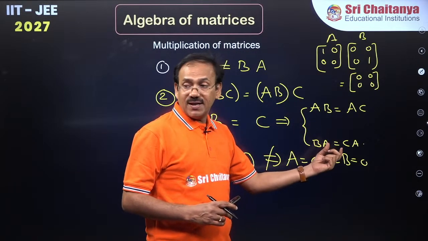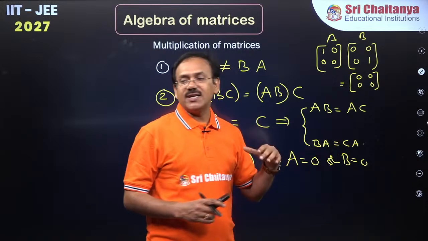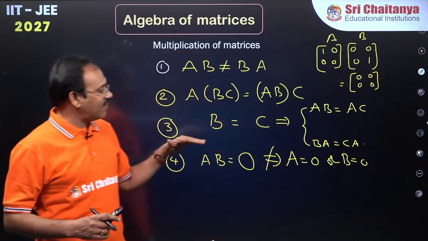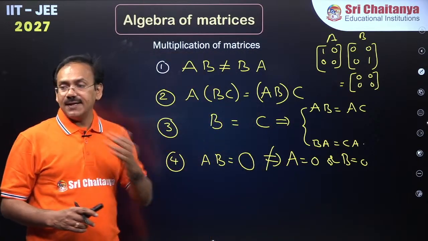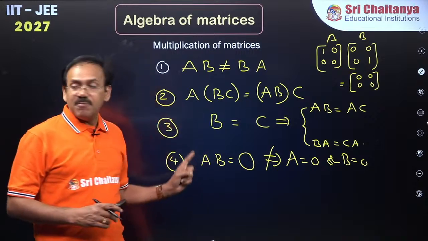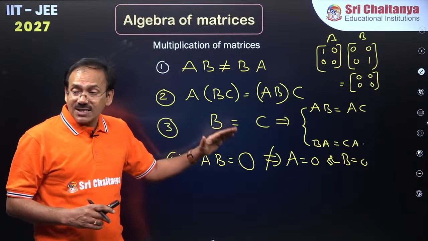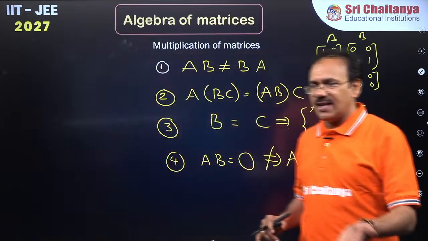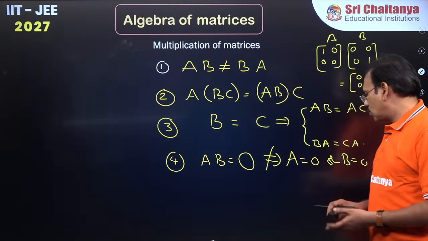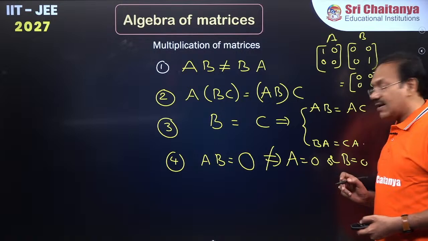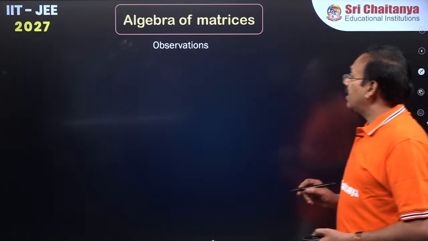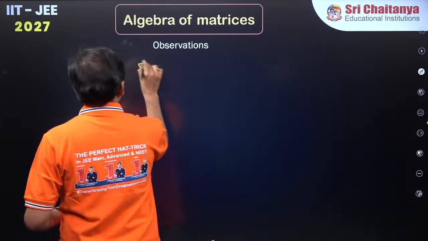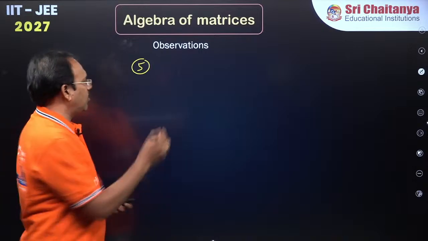Got it? This is a very important point. Second, in matrices AB is equal to 0 does not imply, as in numbers where xy is equal to 0 means either x is 0 or y is 0, that A is 0 or B is 0.